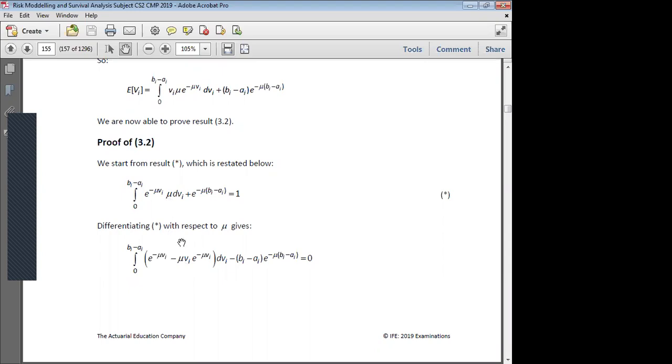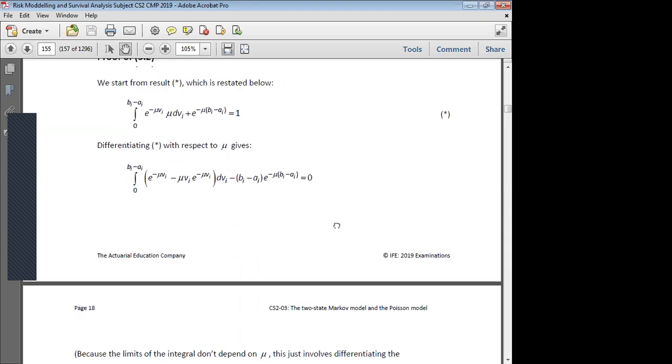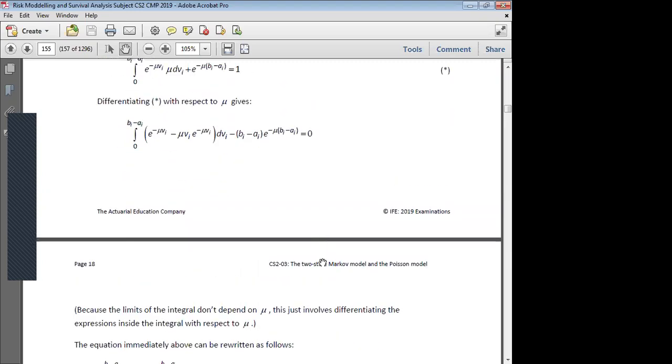And here you will have mu as it is, and differentiation of this guy, which is minus vi e raised to minus mu vi. So you see minus vi e raised to minus mu vi and dvi as it is. And here if you differentiate with respect to mu, you get precisely this. And when you equate this to 0, that is when you will solve it.